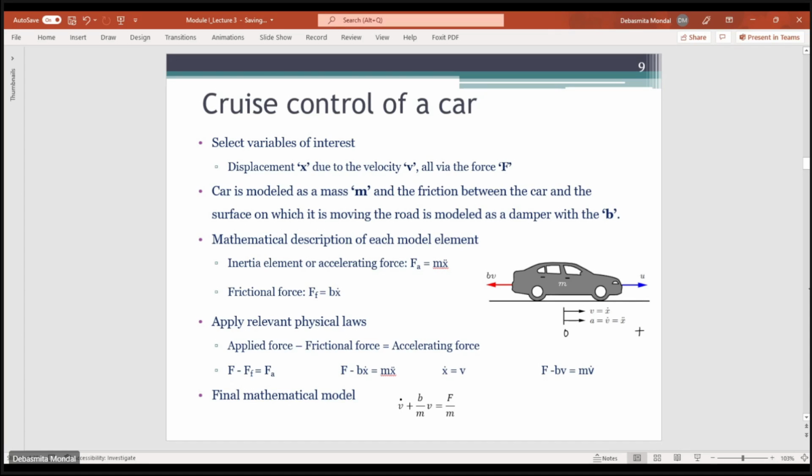Now how are these two factors interlinked? The overall accelerating force will be equal to the applied force minus the frictional force.